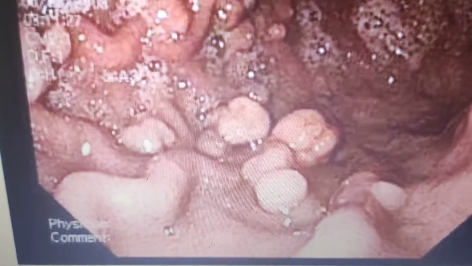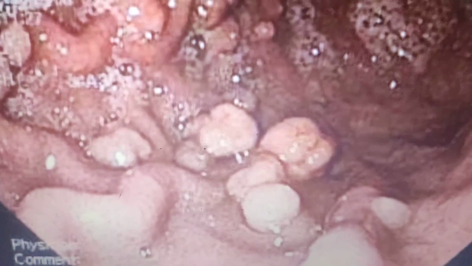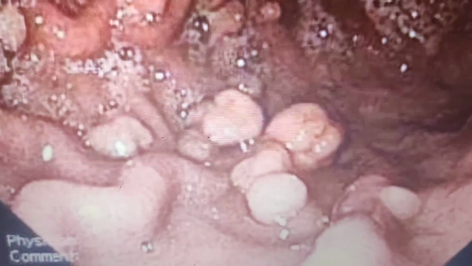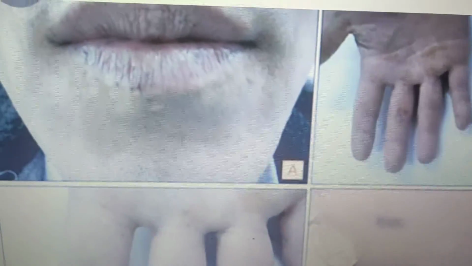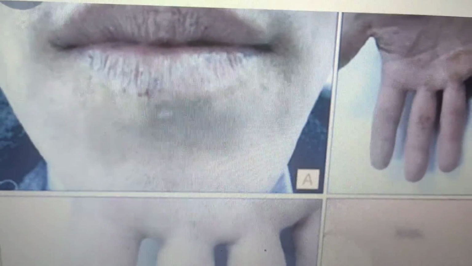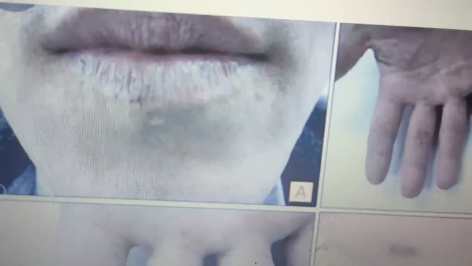Okay, and the diagram related to this is, see, Peutz-Jeghers syndrome. There are intestinal polyps, and you can see the pigmentation of the face, oral cavity and hands. This is the oral cavity, this is the hands, and this is the face.